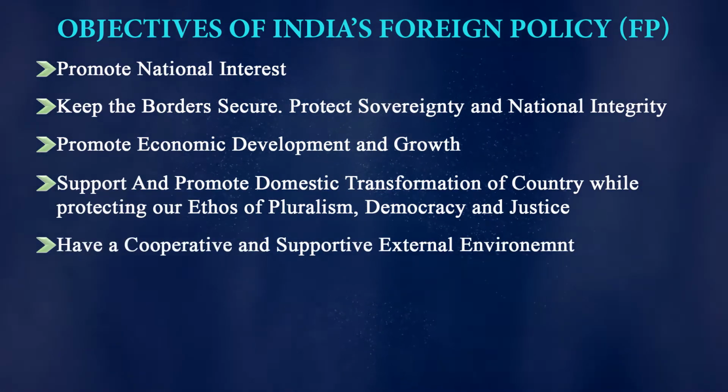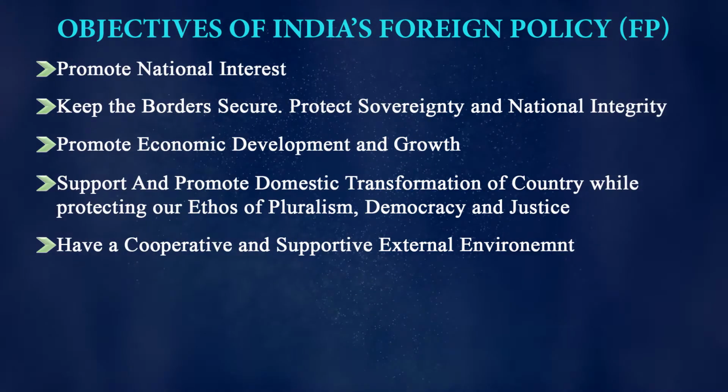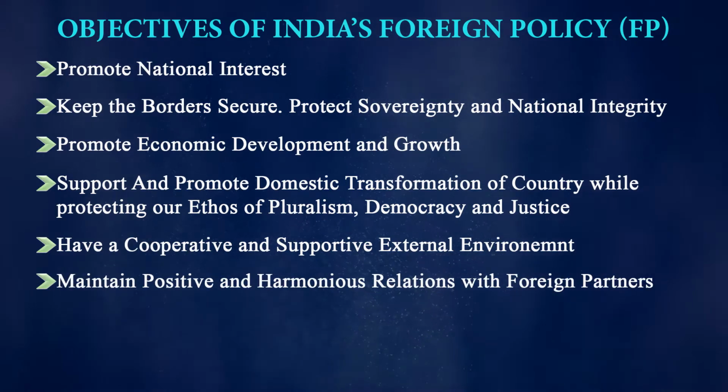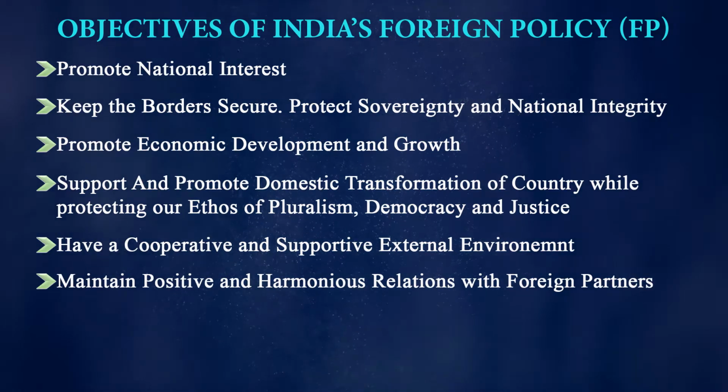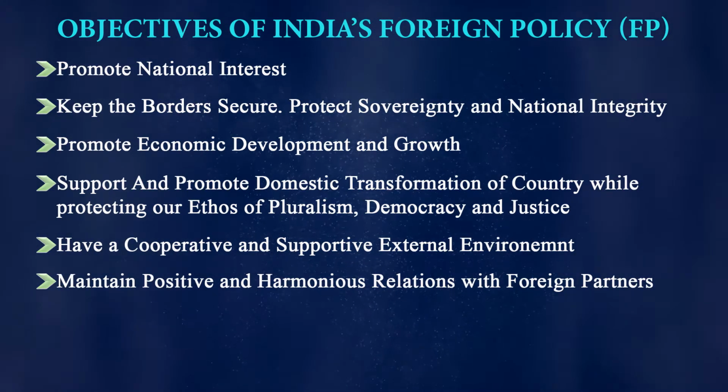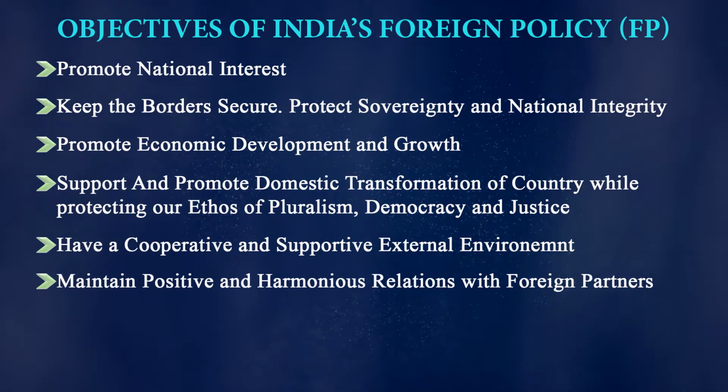We also need to have a cooperative and supportive external environment. That means all our neighbors have good relations with them. Also maintain positive and harmonious relations with foreign partners, those who might not be our neighbors. We have an extended neighborhood in Central Asia. We have an extended neighborhood in Southeast Asia, in ASEAN countries. Having good relations with them is also very important.